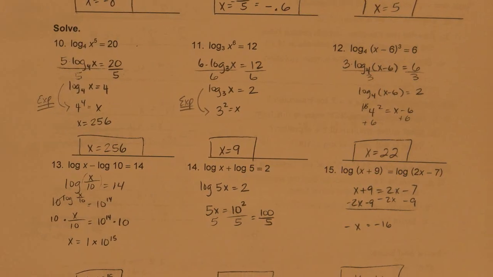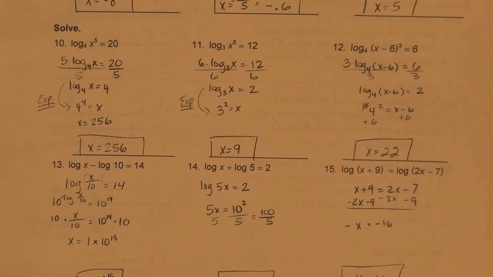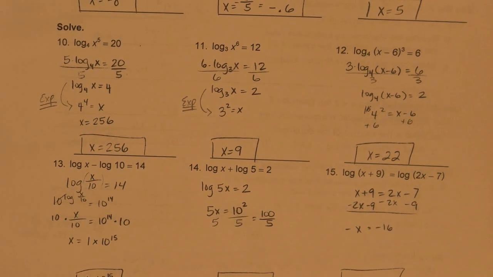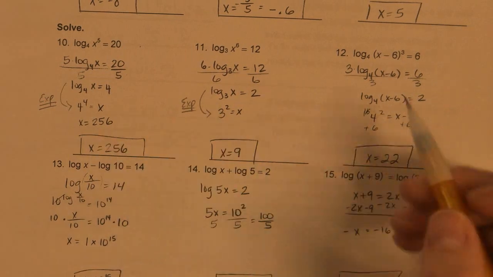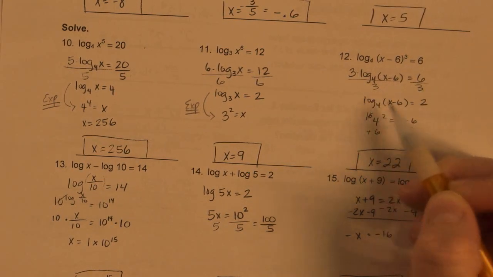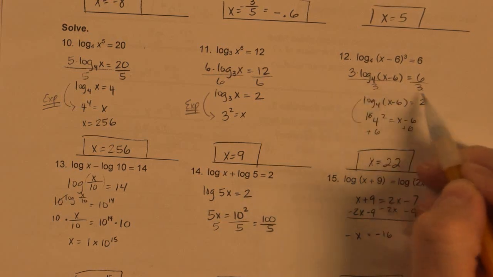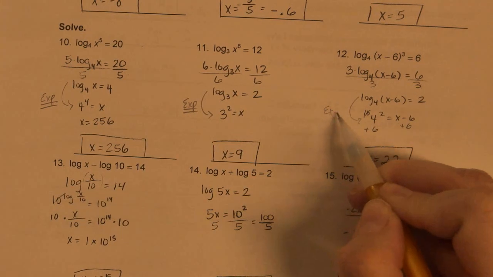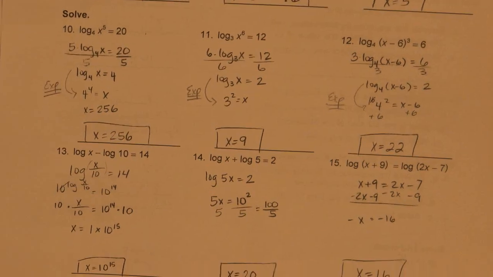And don't worry about furiously writing this down. I'm going to post this, so let's focus on some that we need help with, but you can see this whole row practices that skill where you're dividing, okay? You divide by 3, you divide by 6, you divide by 5, okay? So that can help you.